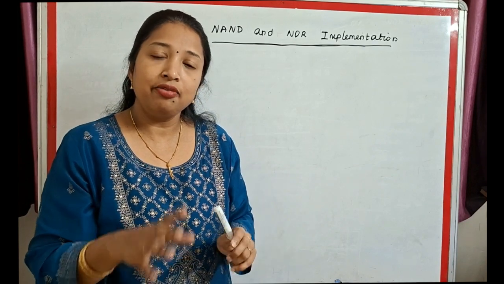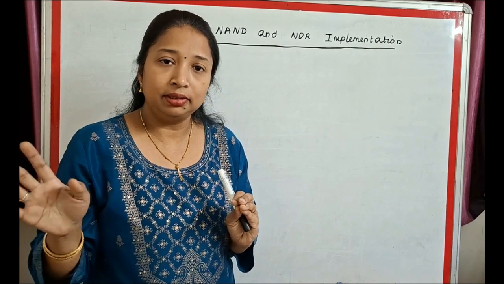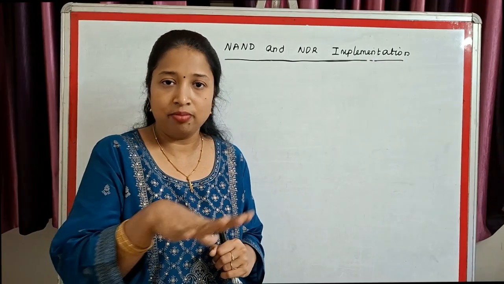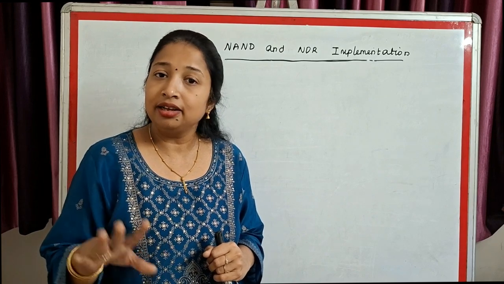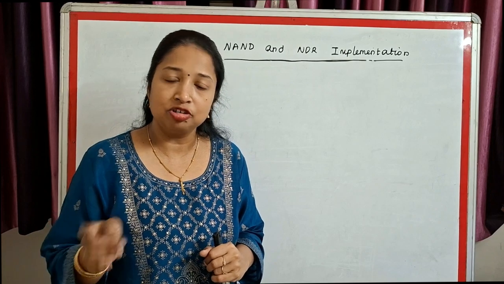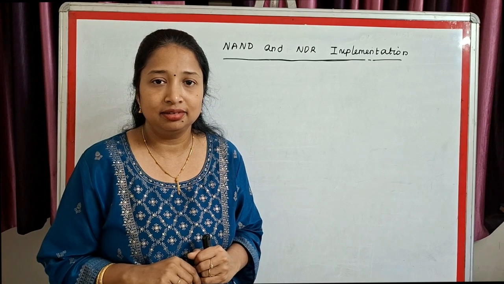Rather than that, if you make use of a single gate, and if that single gate can serve all the purposes, then obviously the complexity is going to be reduced, and the cost is again going to be reduced because you're not going to use different types of gates. You're going to use only one single gate.